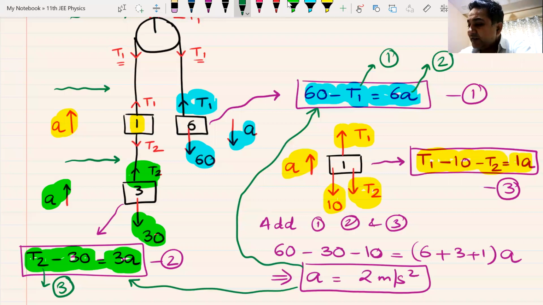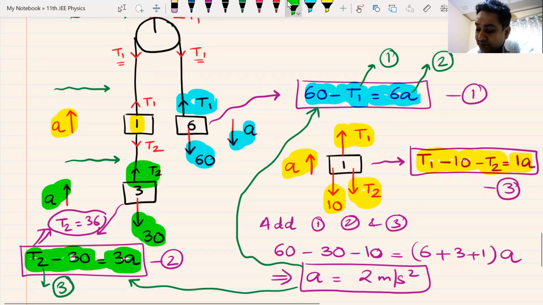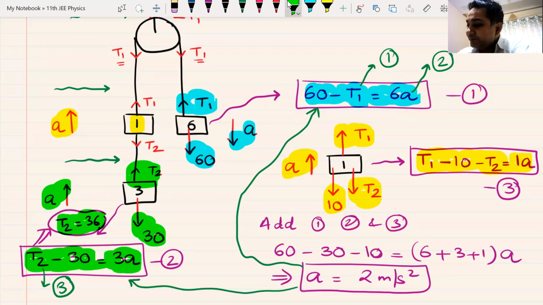T2 is 36. That is correct. T2 is 36, the green Hulk. What about T1?